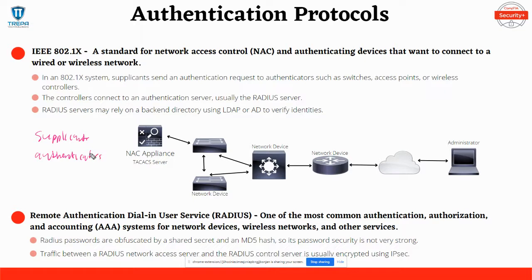These authenticators will be switches or access points. Those authenticators will then forward those requests to an 802.1x server, like the Cisco Identity Services Engine server as an example. And then that 802.1x server will authenticate the supplicants to the network.